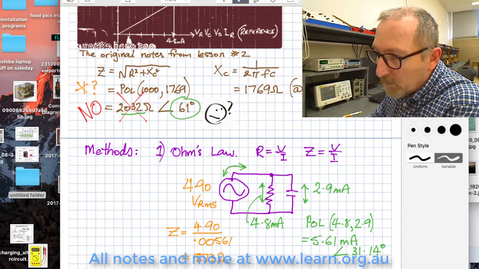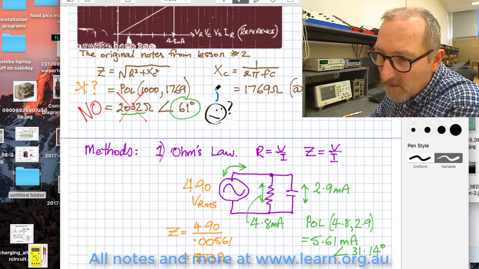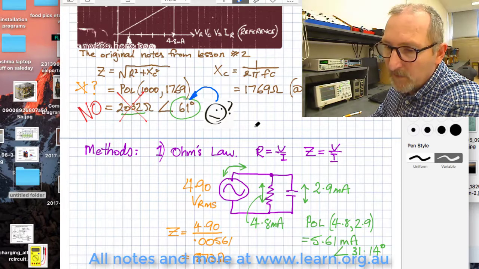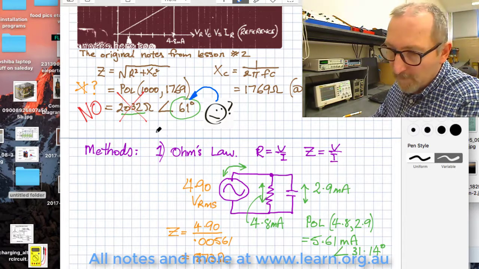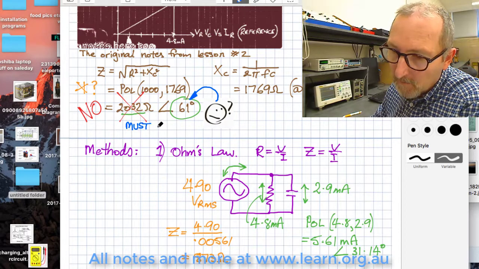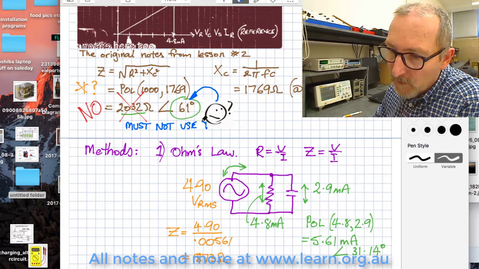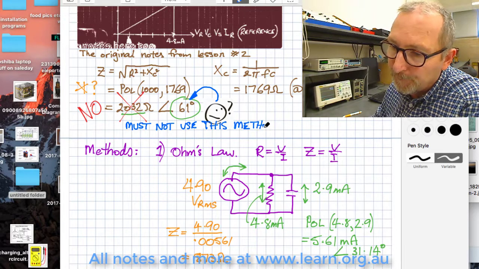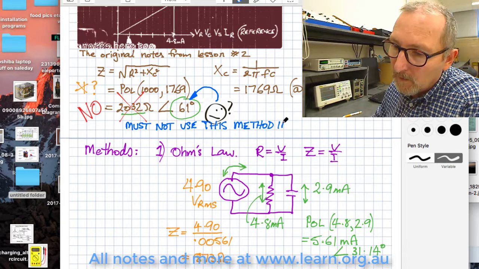And we'll put a bit of an arrow from here back into here because, boy, what's happened here? You can't do it this way. Must not use this method in parallel.